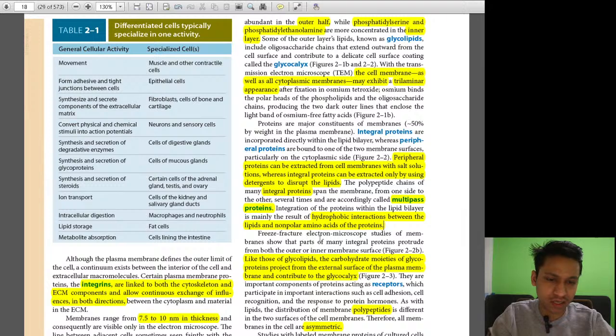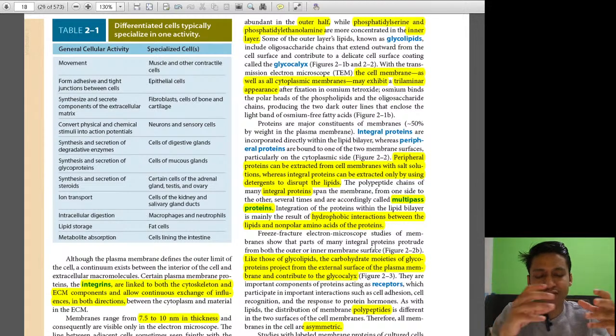Freeze fracture electron microscope studies of membranes show that parts of many integral proteins protrude from both the outer and the inner surface. Freeze fracture is a technique in which the specimen is frozen with liquid nitrogen, cut in a specific shape, and then observed under an electron microscope.